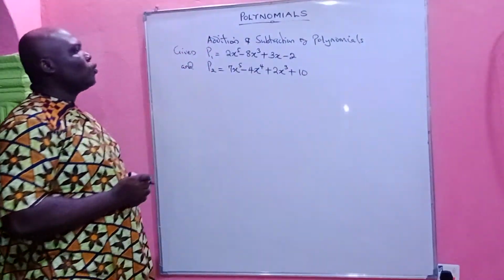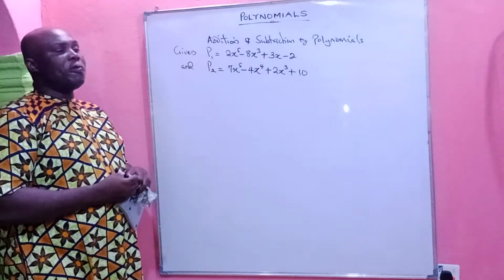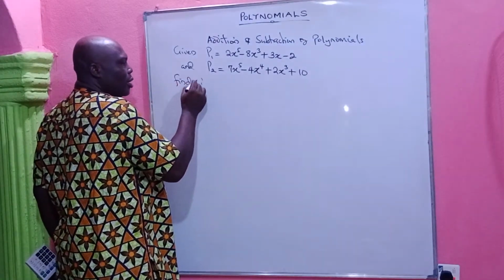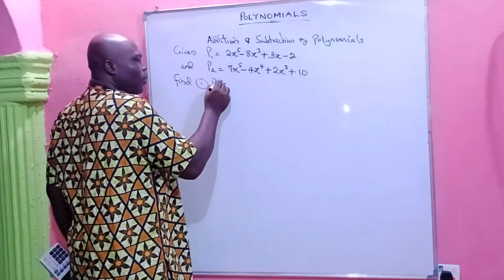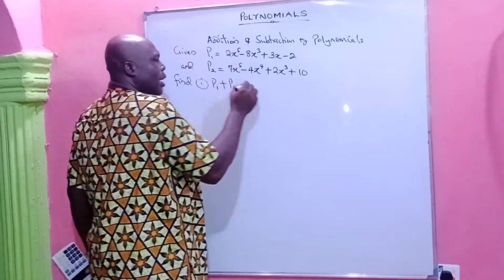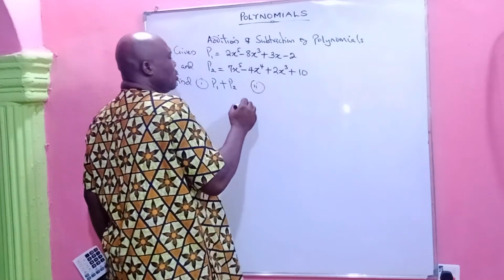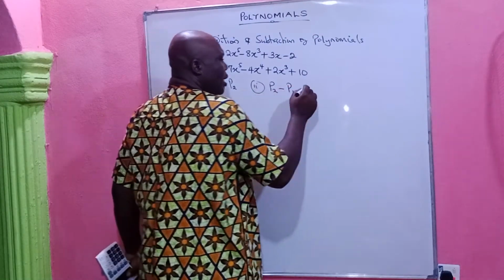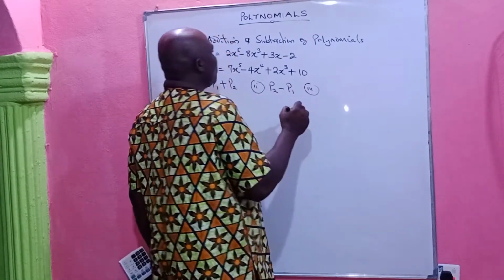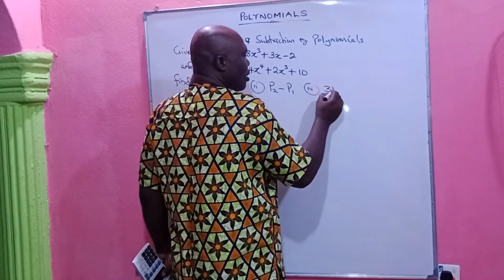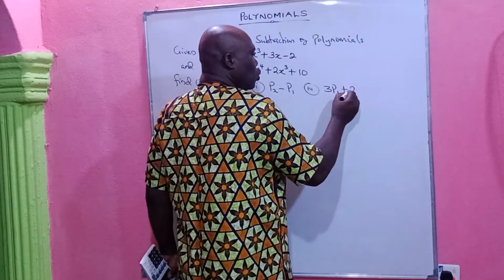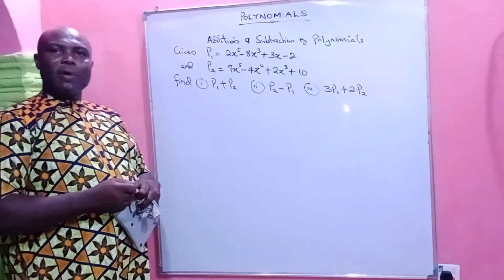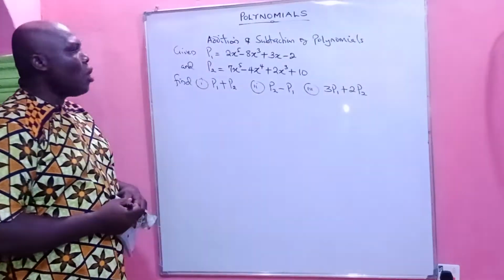So we want to find, for instance, simply P1 plus P2. And then maybe we just want to find P2 minus P1. And then maybe we just want to find 3P1 plus 2P2.